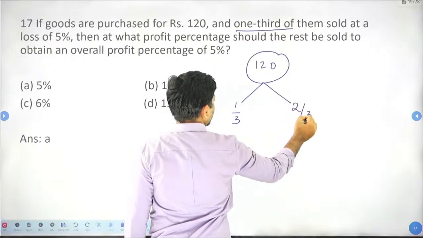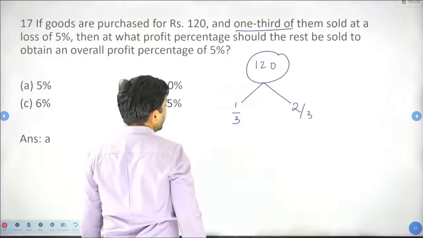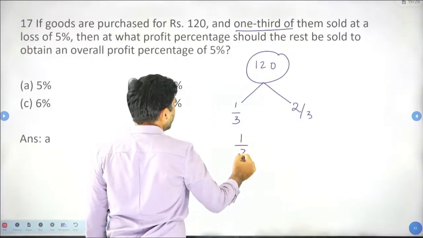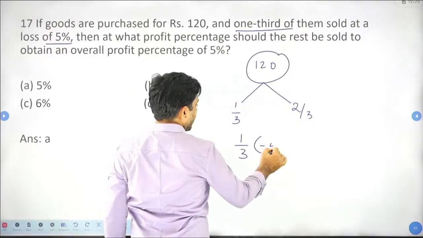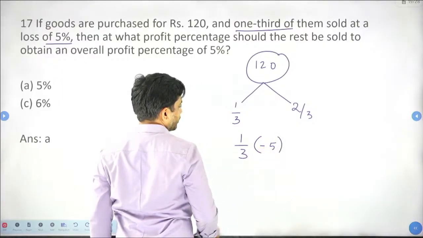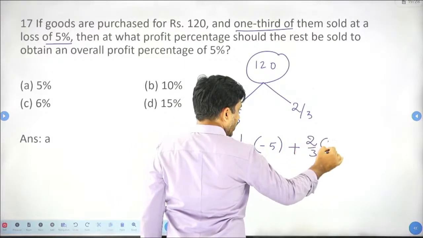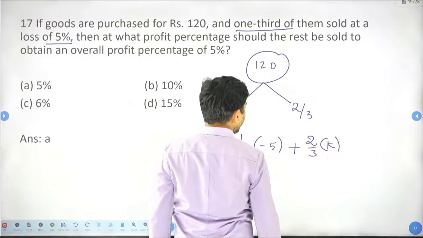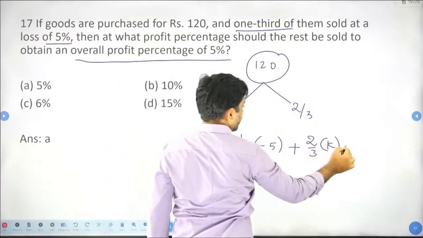Remaining is two-third. So I'll tell you a shortcut. One-third should be multiplied by what is given here. Loss means multiply with minus 5, plus remaining part 2/3. We don't know what is profit percentage, say it is K, but overall profit is 5. Let us take 5.